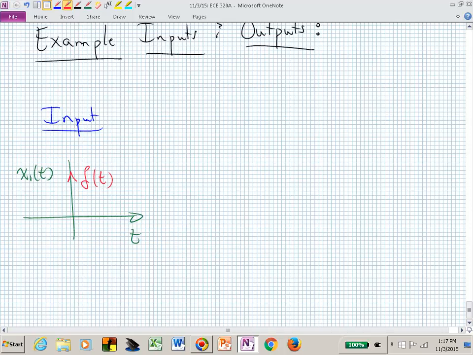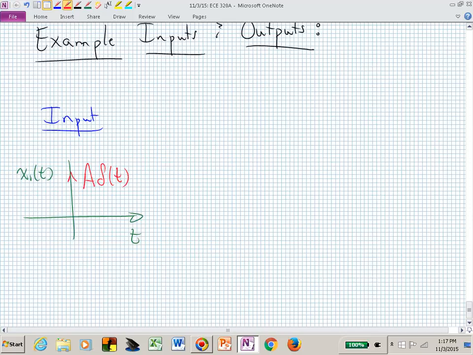Let's give it an amplitude of a. It's not an amplitude, it's a weight, a weight on this impulse. The amplitude is infinite. The weight tells us how much area is underneath that if we integrated from 0 minus through 0 plus. We would get an area underneath that weighted impulse of a.